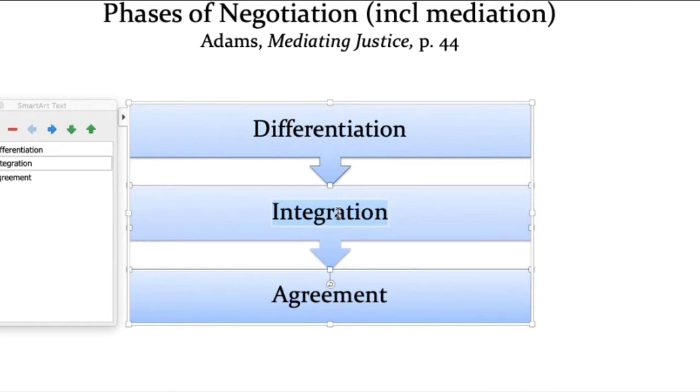That will often be followed sequentially by an integration phase in which the parties come to perceive their common goals, at the very least their common goal in avoiding litigation, and hopefully some deeper interests which may unite them and may create opportunities to grow the pie. And once that happens and ideas are generated, then the agreement will follow.